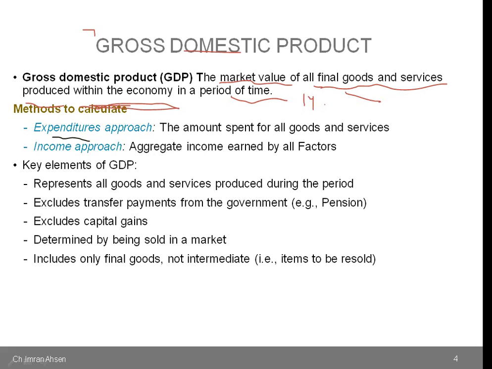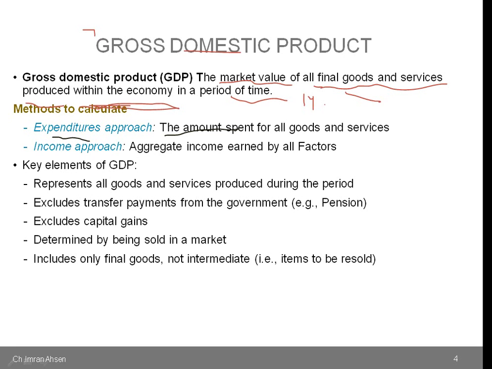Whatever we earn, we spend on goods and services. So whatever everybody earns as a whole is going to be spent on goods and services, and the total amount we spend is our GDP. Our second one is the income approach: what we earn in a year, that is aggregate income.